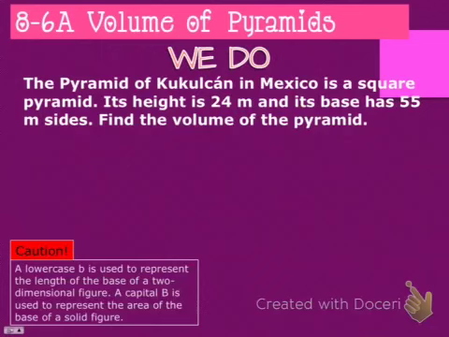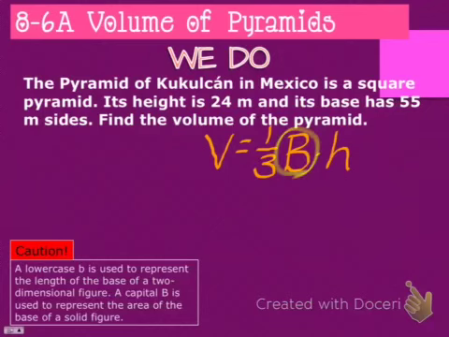So the first step is to start with the formula. Our formula is volume equals 1/3 area of the base times the height of the pyramid. So first let's look at this big B. We're going to find the dimensions and area for our B. The original problem tells us that it is a square pyramid, so its base is a square, and its base has 55 meter sides.